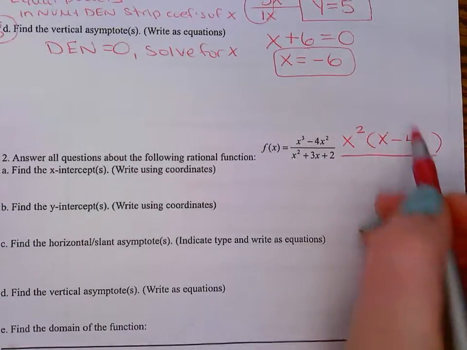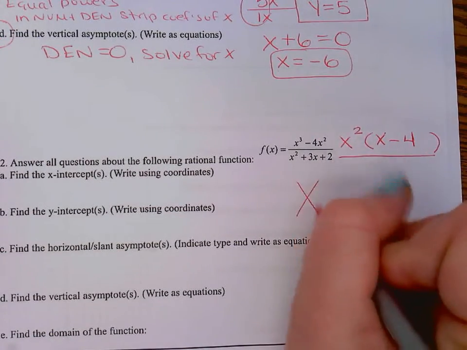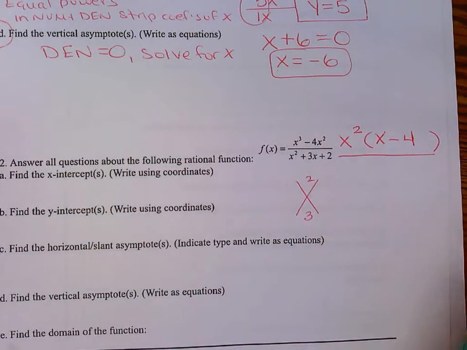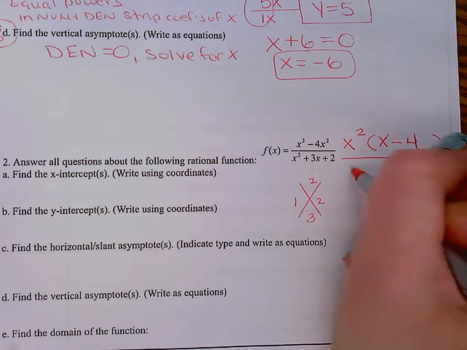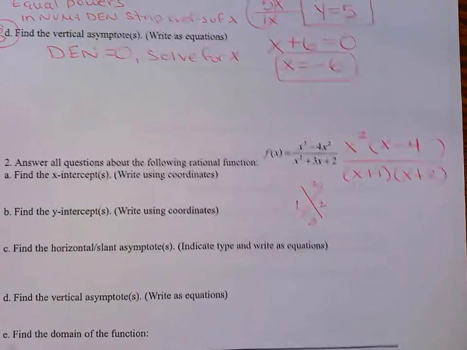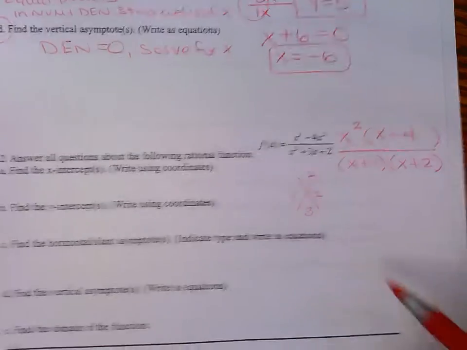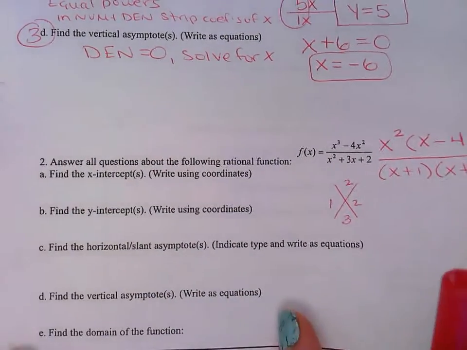That will help you when you're finding your x-intercepts. For the denominator, using the diamond method, I'm looking for the factors of 2 that add up to 3. That would be 1 times 2. So x plus 1 times x plus 2 is my denominator. That will help you find those vertical asymptotes. You should be able to answer example 2 if you haven't yet.